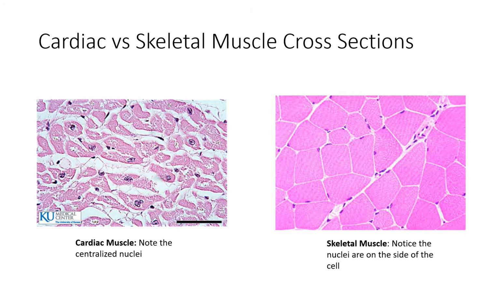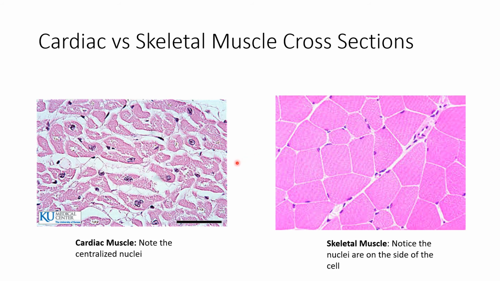Now remember, when we are making these sections, we can cut things different ways, just like you can cut a carrot a multitude of different ways. If I were to cut the cardiac muscle or skeletal muscle and make a cross section, you can see that they still look very different from one another.